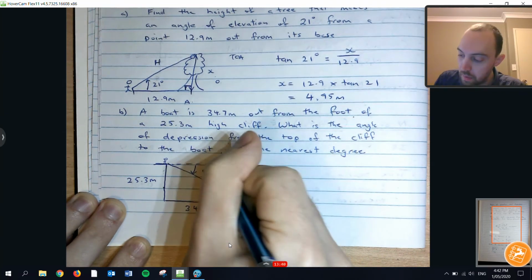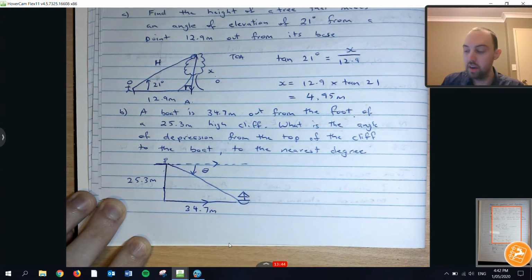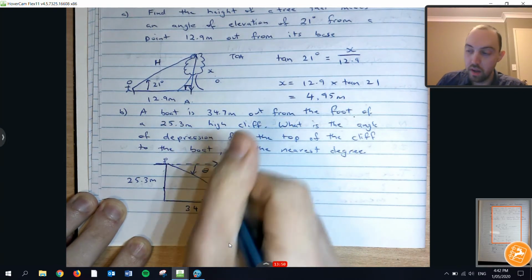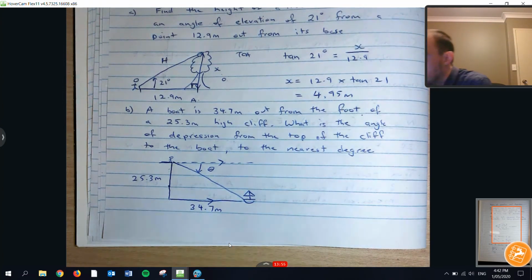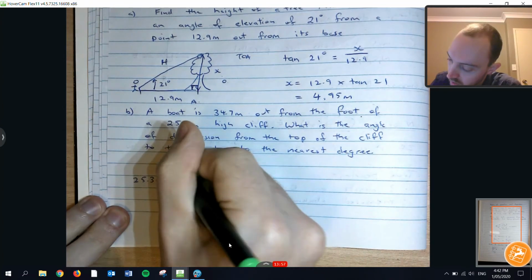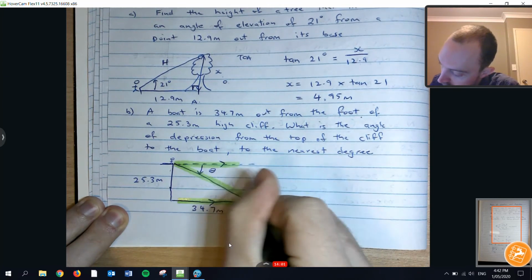With our parallel line rules, the horizontal is parallel, so your line of sight looking straight ahead is parallel to the ground, or in this case the water. So using the Z rule, you might see the Z here.